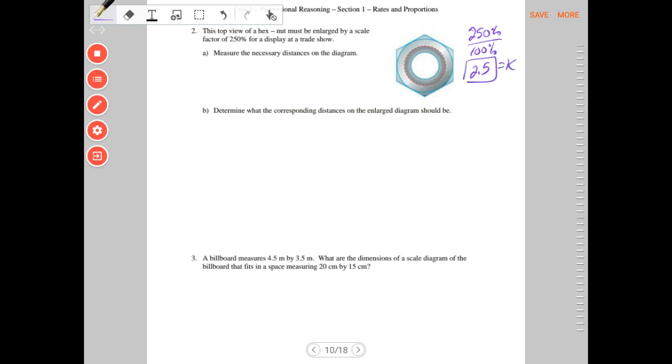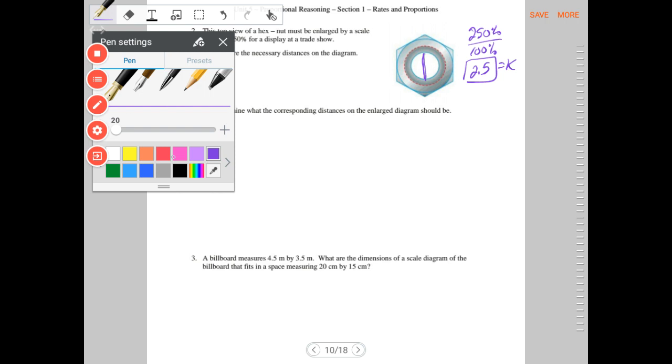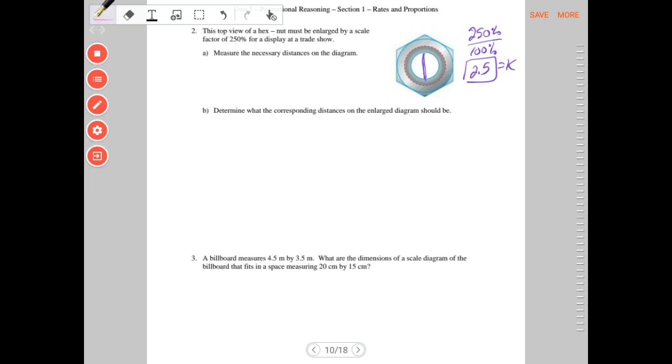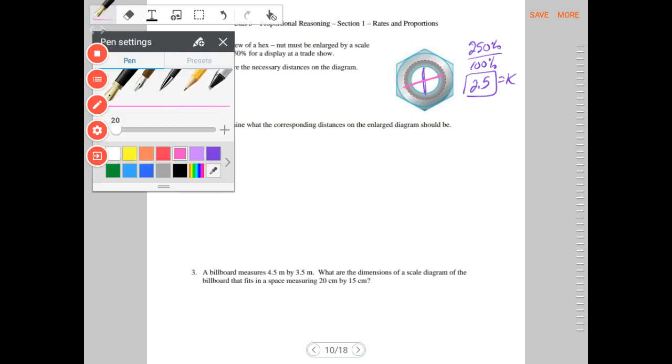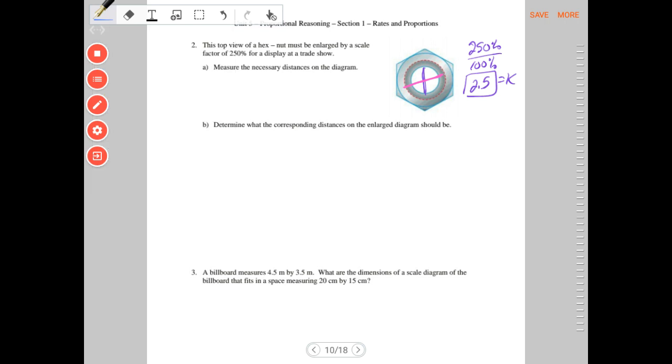Okay? All right. So part A, take out your old ruler, measure the necessary distances on the diagram. So I think you should probably measure the inner diameter, and pick some nice bright colors here. The diameter of the middle one, and we'll go with a nice bright blue.